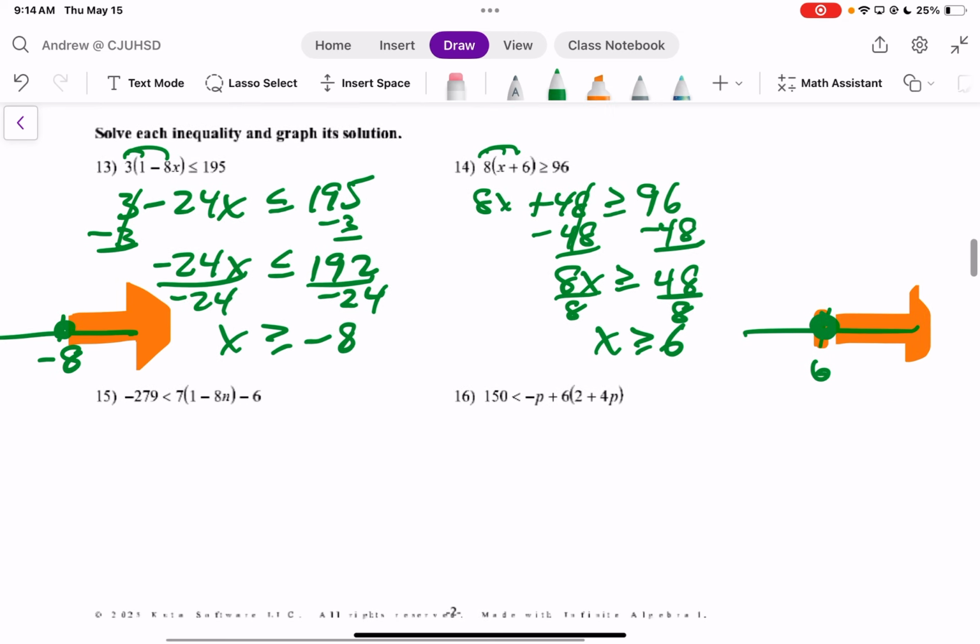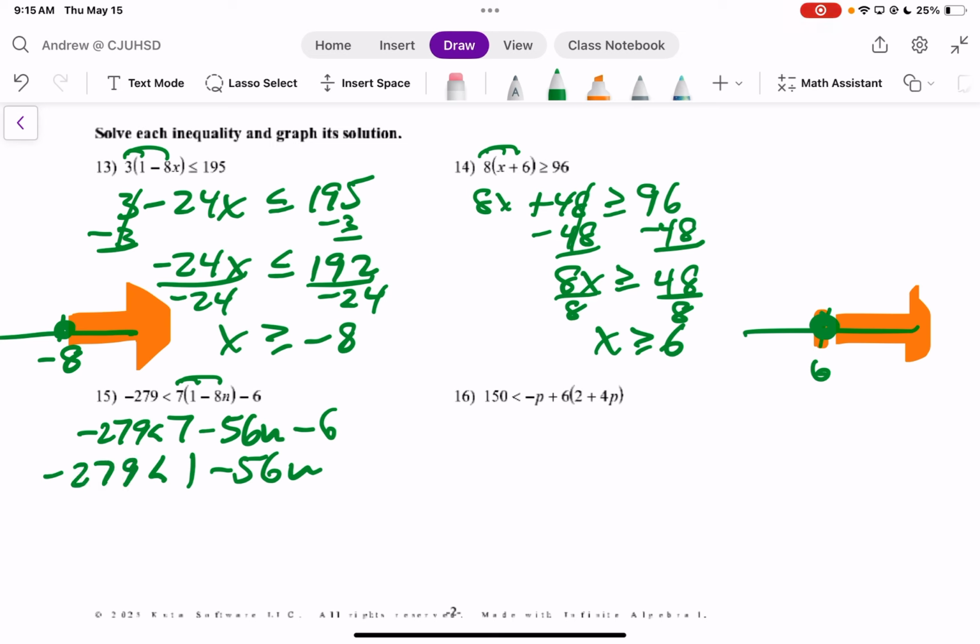Okay, last two got a little complicated now. We're going to distribute. Oops, wait a minute. 7 times 8, 56, and minus 6. Okay, combine like terms, put the 7 and the negative 6 together, that would be 1. Take away 1.